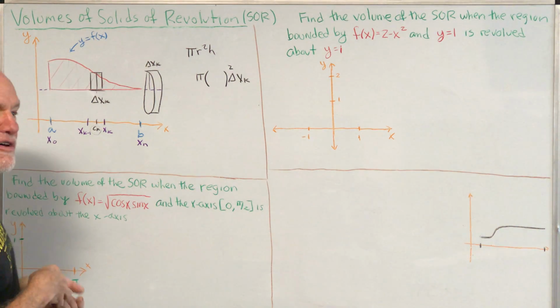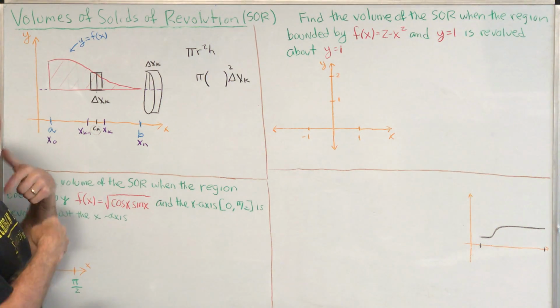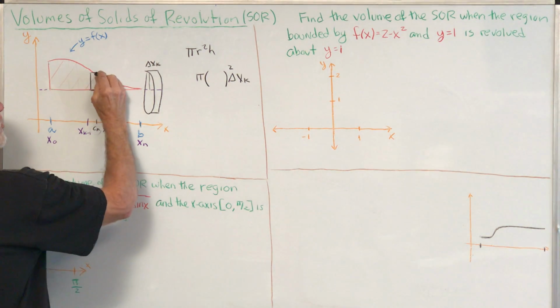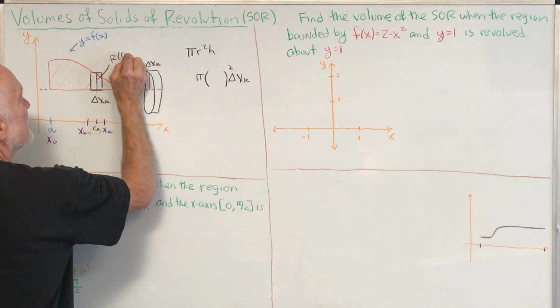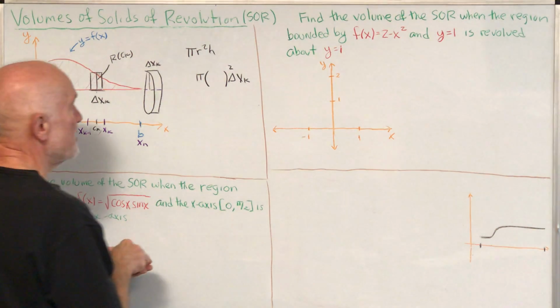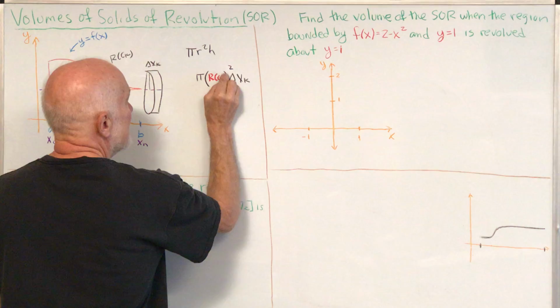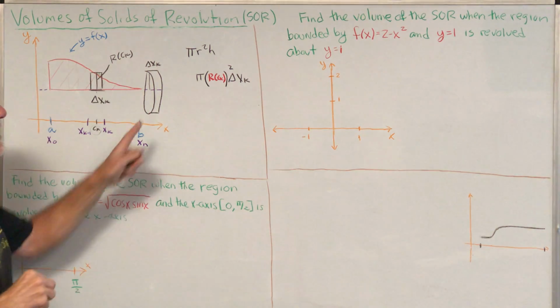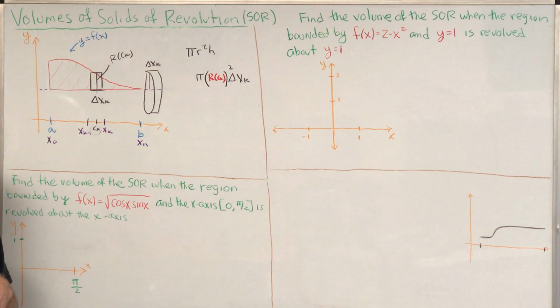So it is a function of that value of x, and it is going to be a radius, so let's just call that little distance r of c sub k. And then we can put that right in here. And that's the volume of this one right circular cylinder.